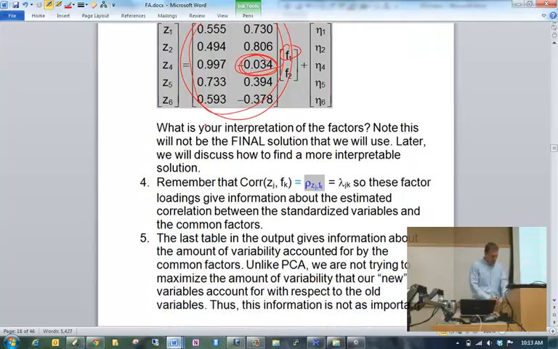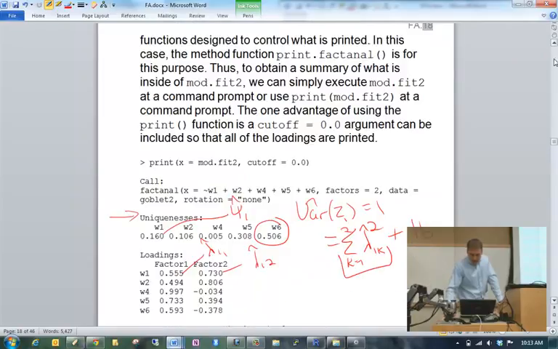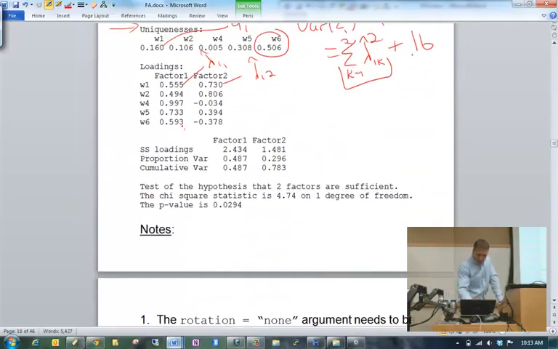Okay, let's see here. So we also have this little table here that gives some information somewhat similar to what you saw with principal component analysis that talks about the amount of variation that's accounted for. And this is the amount of variation that's accounted for by the common factors, out of the total variation.